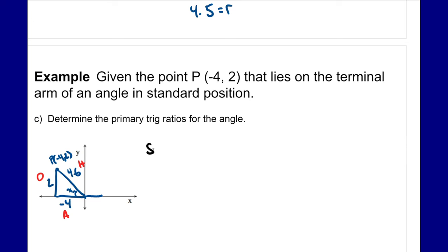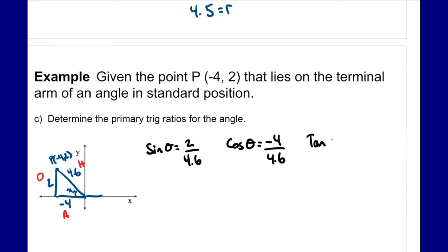So let's go through and write our trig ratios. Sine theta equals opposite over hypotenuse, or 2 over 4.6. Cosine theta is the adjacent over hypotenuse, so -4 over 4.6.